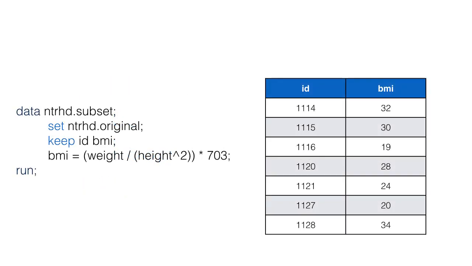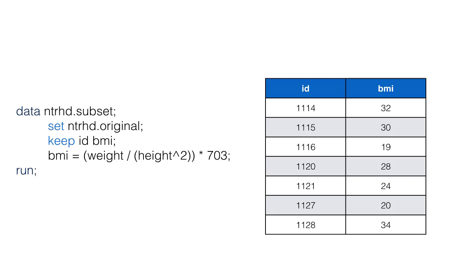You've already seen how to create a new dataset that contains only a subset of the full dataset. But let's make things slightly more complicated. Building on the previous example, let's say that in addition to only keeping the variables ID and BMI, you want to keep a subset of the observations whose BMI is 30 or above. Let's think about what you need SAS to do. You don't want to select observations based on variables in the input dataset.